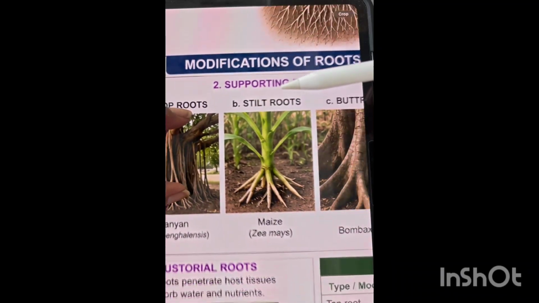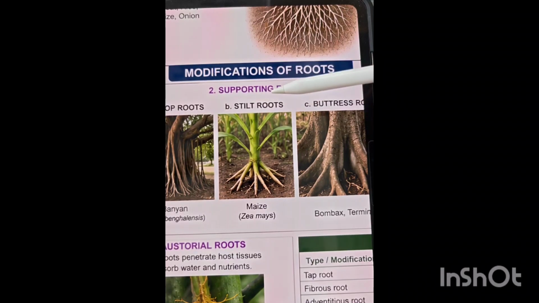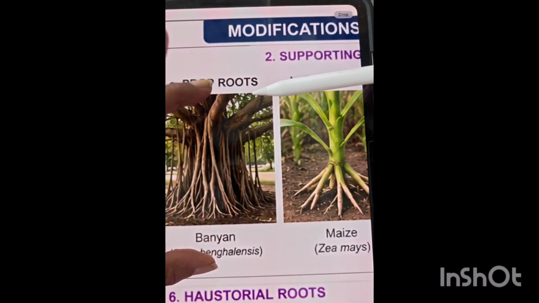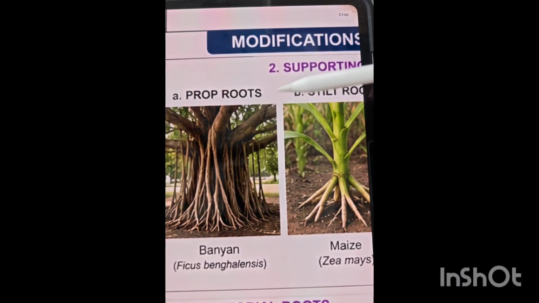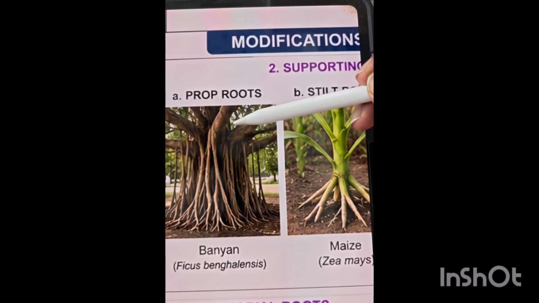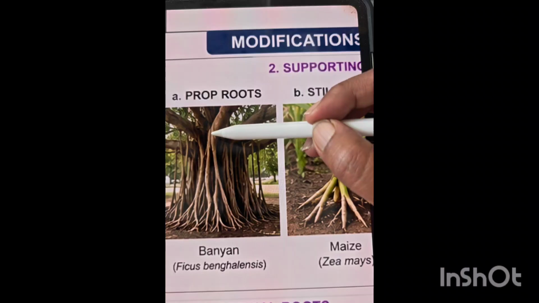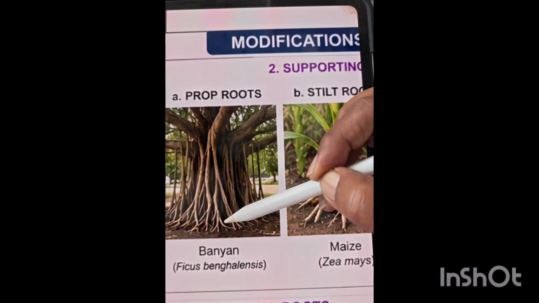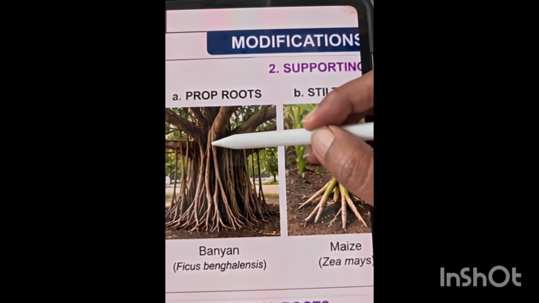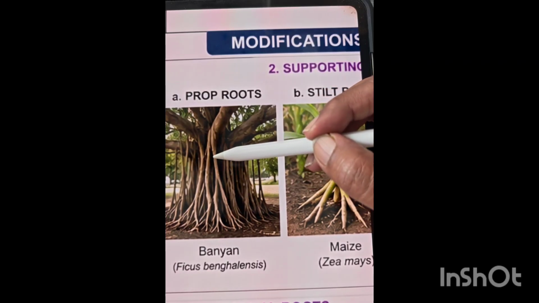The next type of modification generally seen is the supporting roots. The name itself says that when roots develop for supporting the whole plant, they are called supporting roots. The first type is prop roots. The best example is the banyan, where roots develop from the stem itself and later turn into a larger trunk shape.